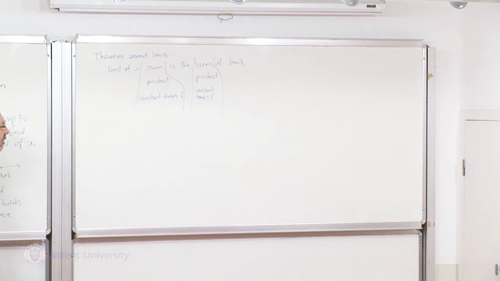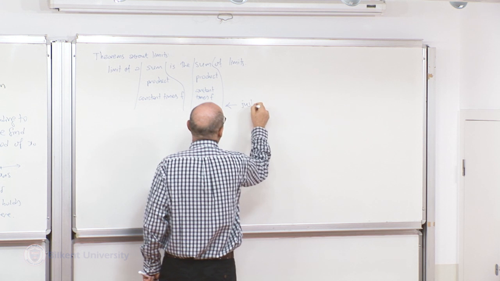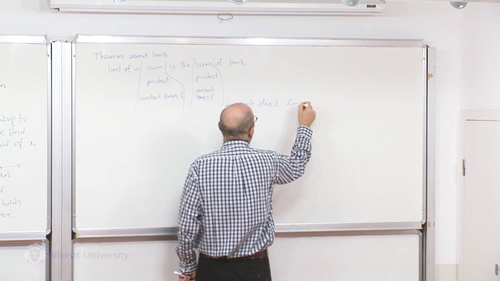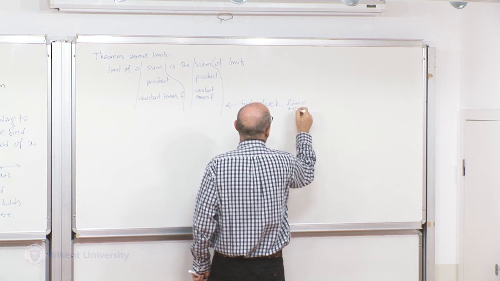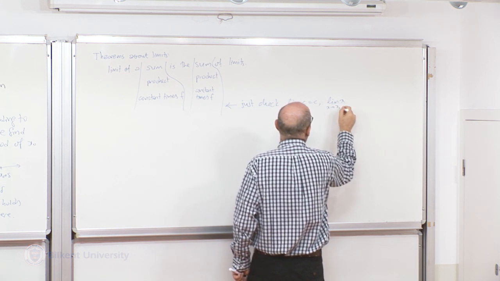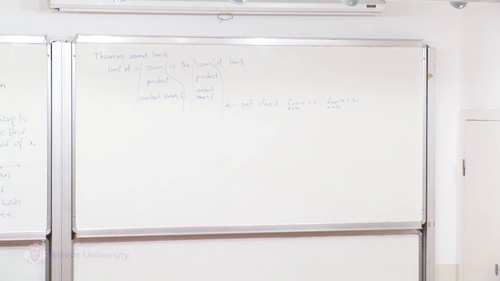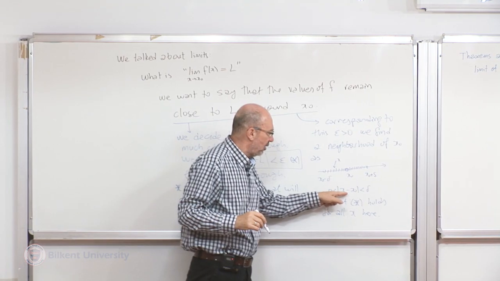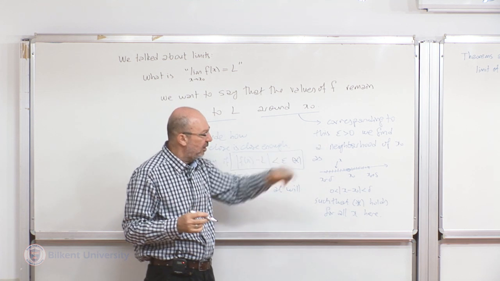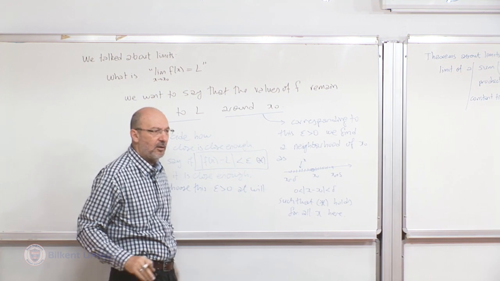So with these things, for example, now you can immediately calculate the limit of a polynomial without much difficulty, because all you have to do here is just check that the limit of c as x goes to wherever it likes is c, and the limit of x as x goes to x sub 0 is x sub 0. Okay, check means that check if you can do this. Choose an arbitrary epsilon. Can you find the delta such that under these conditions this will hold? Okay, so in both of these things, limit of a constant and limit of x, that's trivial. Okay, so you just write it down and it works by itself.